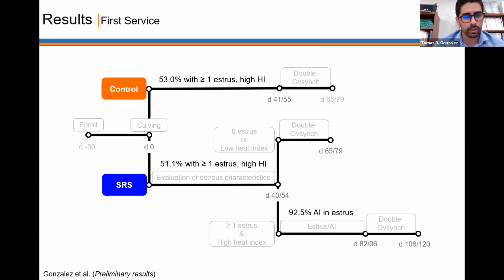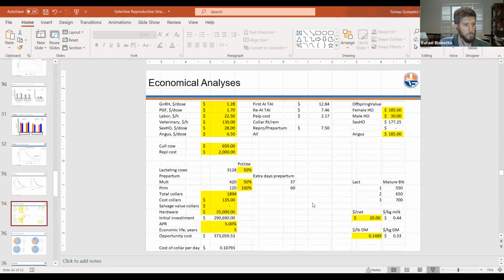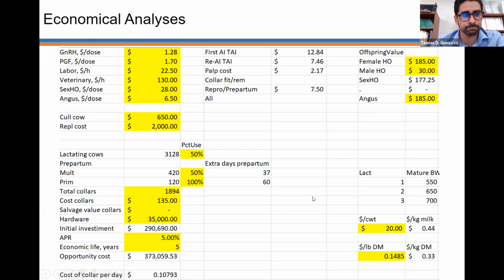I don't remember. I can show you here. I have a slide if you don't mind. You can see the slide here.